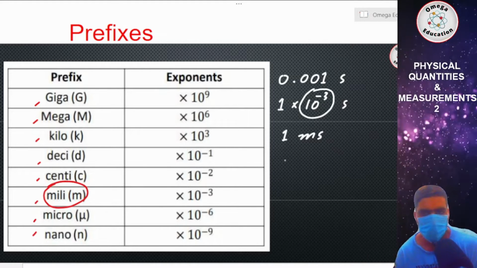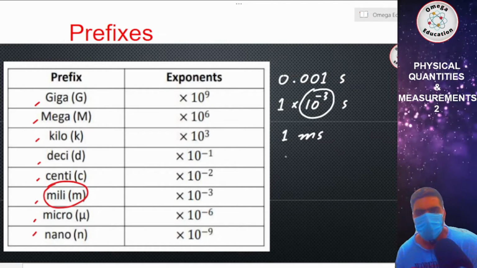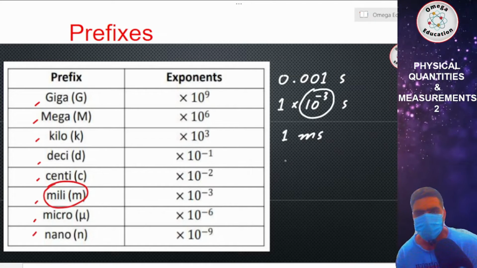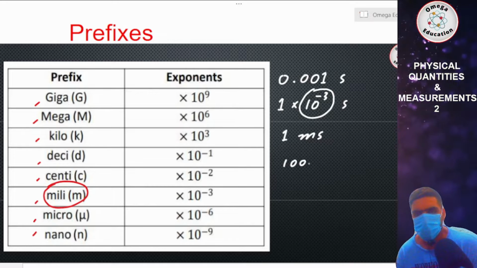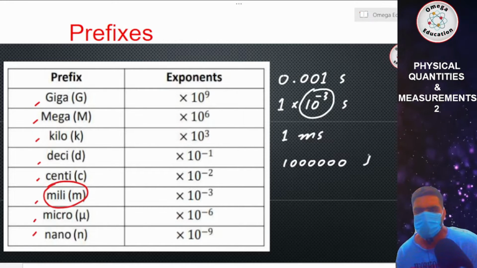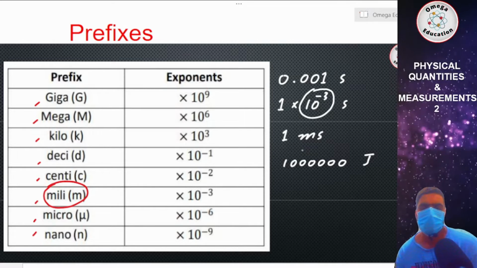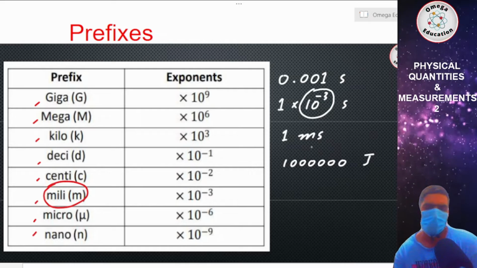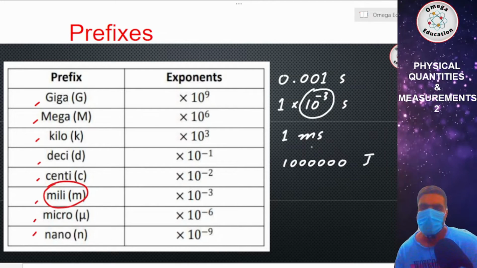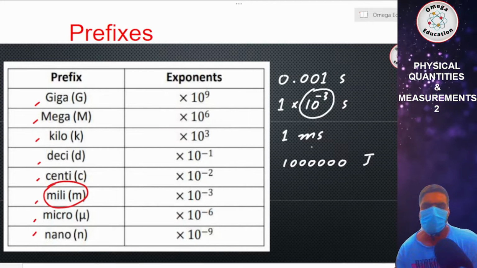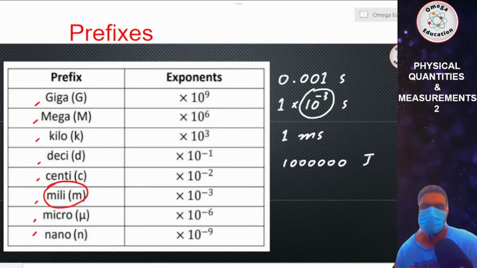Another example. For example, we have a value 1, 2, 3, 4, 5, 6 joules. You study that joules represents energy. It can be in any form, mechanical energy, electrical energy, any form of energy is represented in the unit joules.